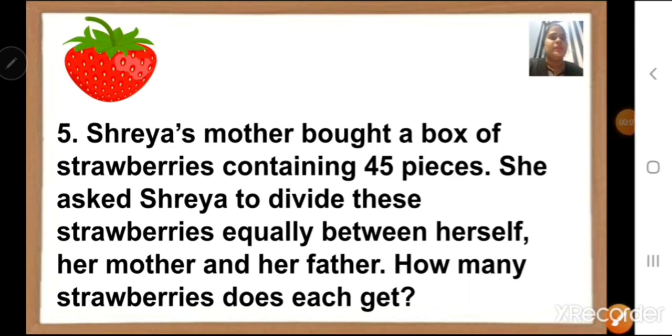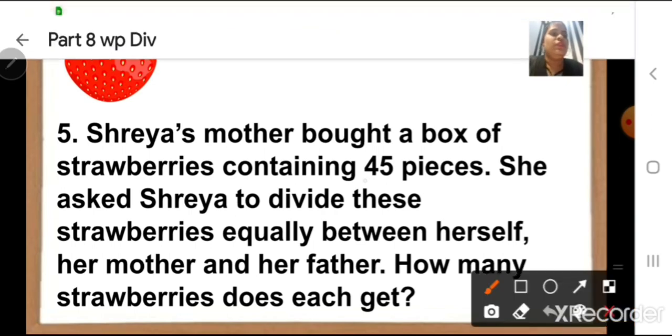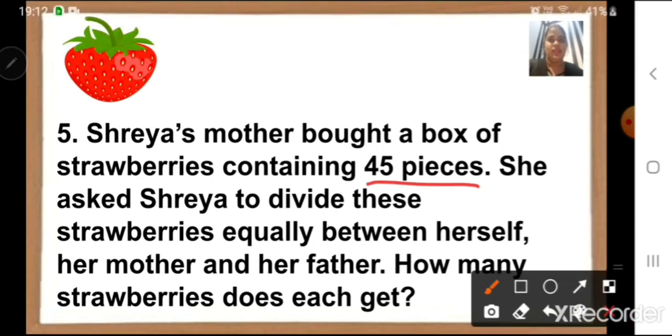So children, here it is given that Shreya's mother bought a pack of strawberries containing 45 pieces. So we all like strawberries, right? Yummy strawberries. So Shreya's mother bought a strawberry box. In that strawberry box there are a total of 45 pieces. Okay. Now she asked Shreya to divide the strawberries equally.